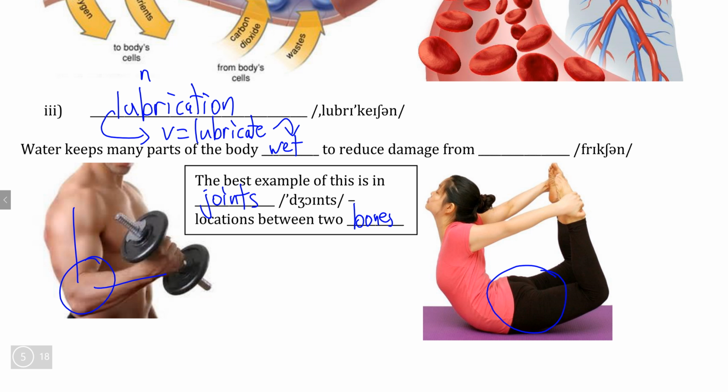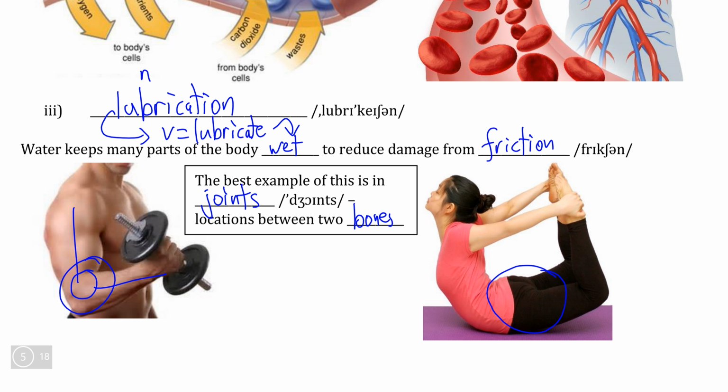Now, joints are very important to keep wet, because if we were to keep the elbow joint dry here, that would mean the upper arm bone and the two lower arm bones would be grinding up against each other, which is going to cause a lot of friction.